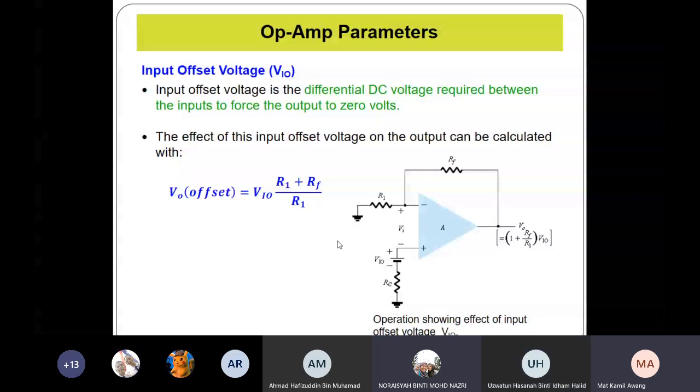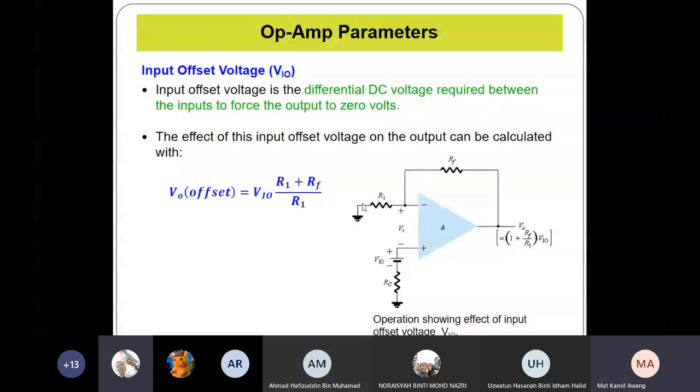Basically you use this formula to calculate the output offset. The input offset voltage is the differential DC voltage required. Basically, what is this value required in order to make the output equal to 0?